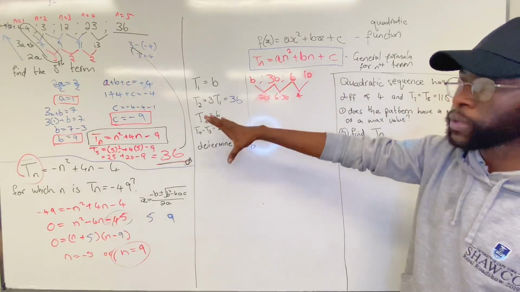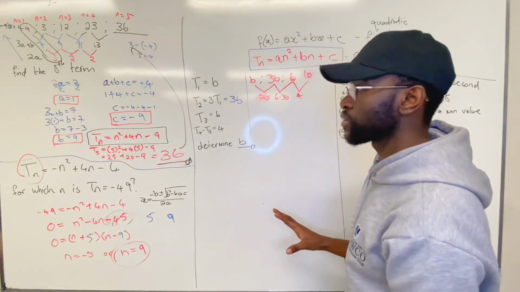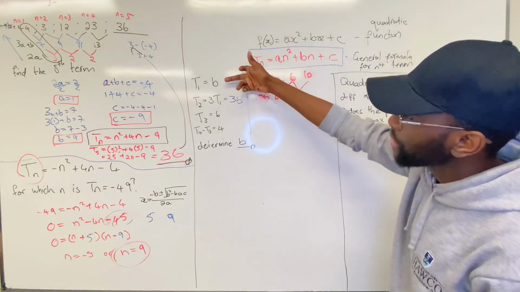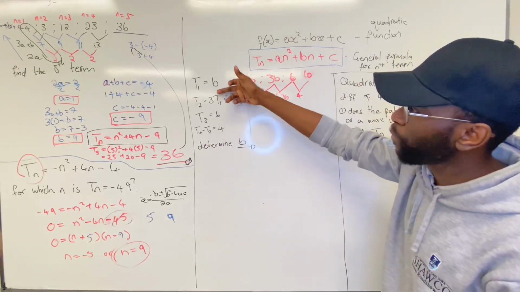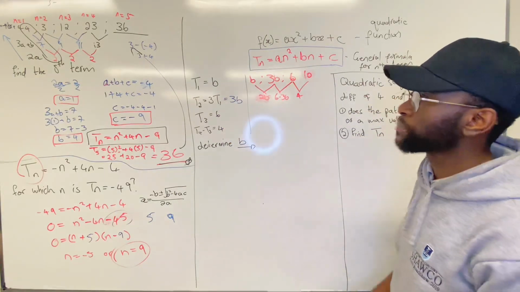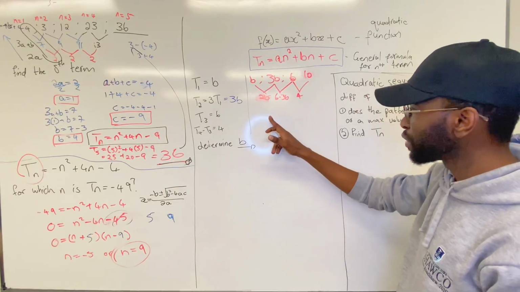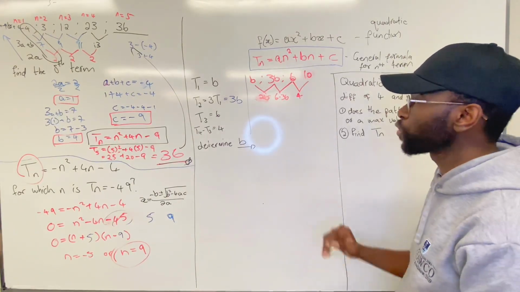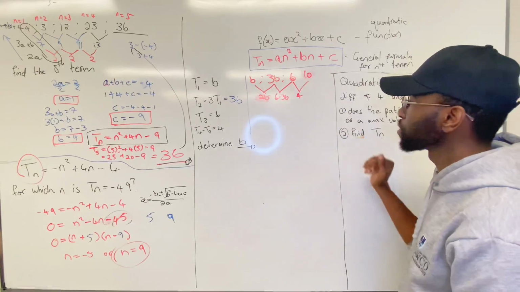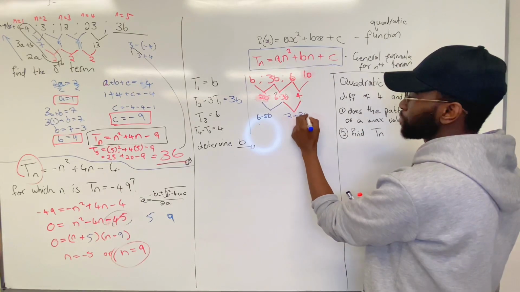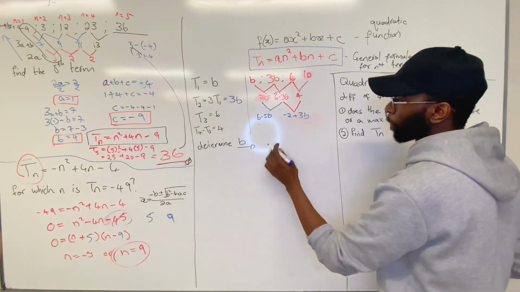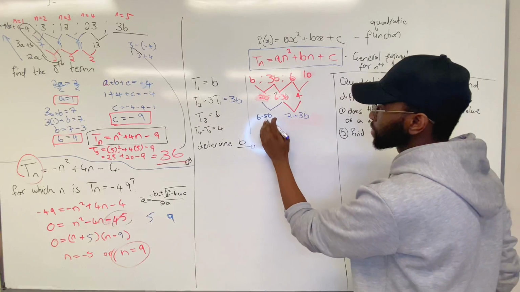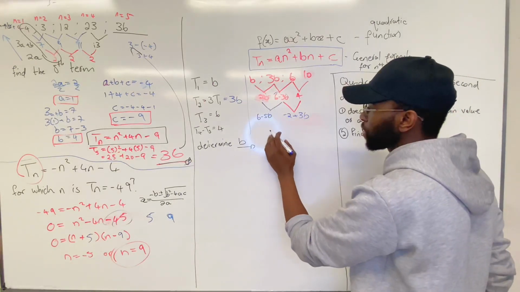Remember that we are doing quadratic sequences here. So they would have told you that these terms are from a quadratic sequence. So we are going to look for a second difference also, not just the first difference of the sequence. Plus 3b. So the second difference of a quadratic equation is common.